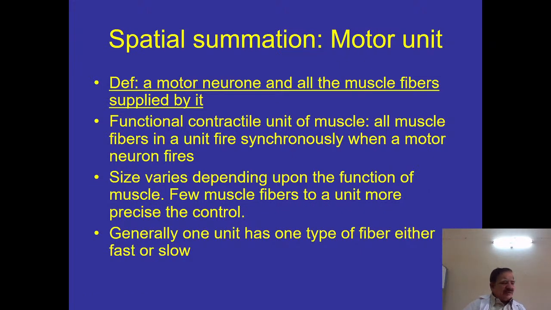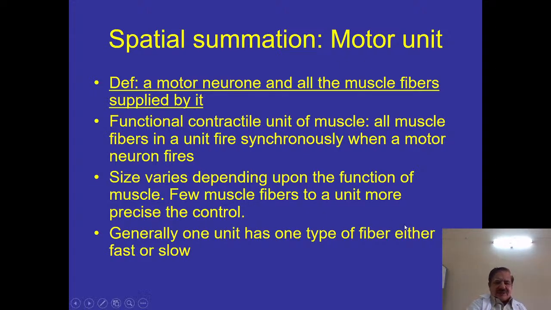One neuron controls 2 or 3 fibers, so the fibers are fast and the diameter is large. In that way, they are fast moving. So there is one type of motor unit for the fast fibers, and another for the slow fibers, where a neuron supplies 20 to 30 or even more fibers.